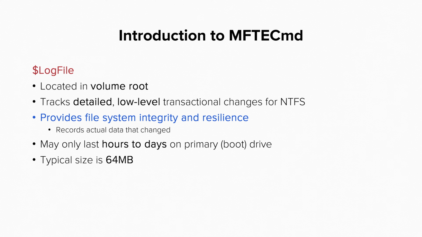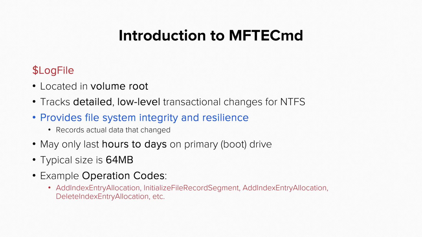The typical size is 64 megs, and some of its example opcodes include things like add index entry allocation, initialize file record segment, etc. So just by the names of the opcodes alone, you can see that it sounds more detailed, right? And there are also more opcodes associated with this journal, which makes sense because, as I said, $LogFile is more detailed and low level, whereas $UsnJrnl is high level.